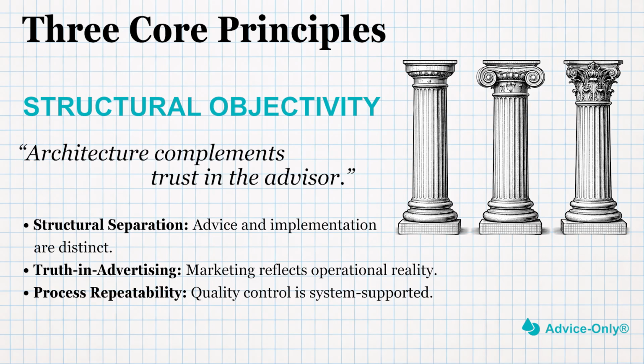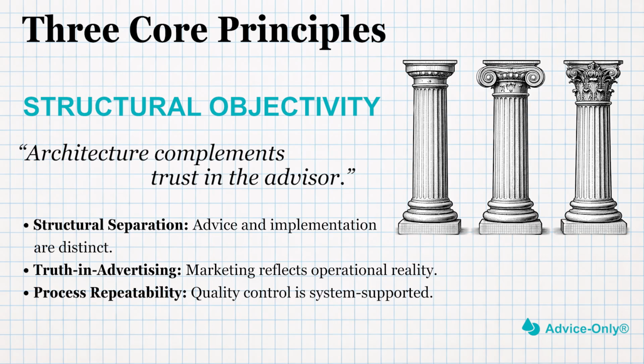If a client decides to act on the advice, they do so with whatever providers they choose, whether that is the advisor who delivered the advice, a different advisor, an online platform, or an existing custodian. The advice does not carry an embedded implementation expectation, prerequisite, or preferred path.